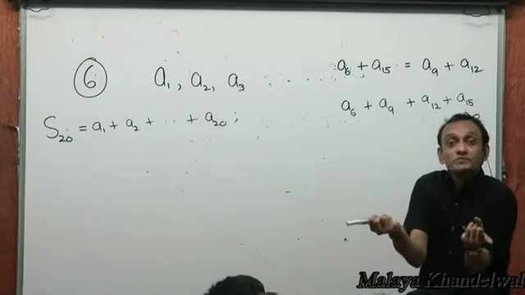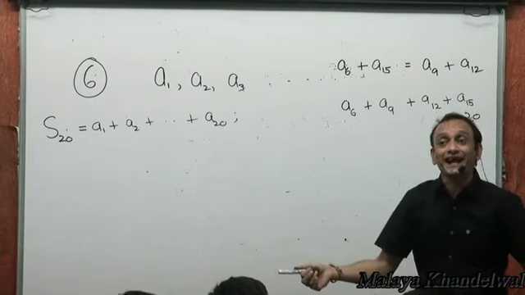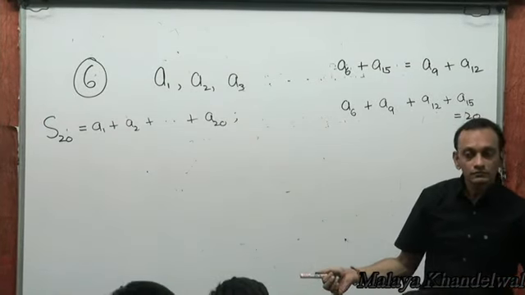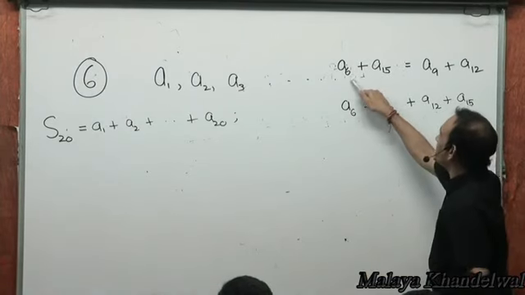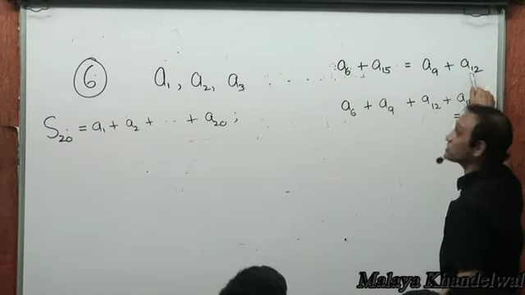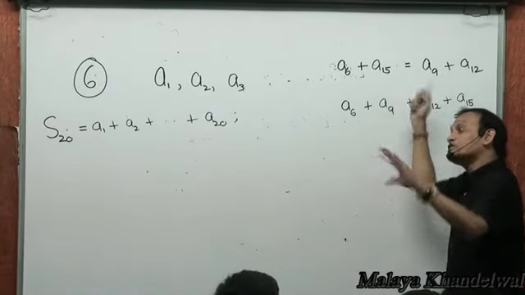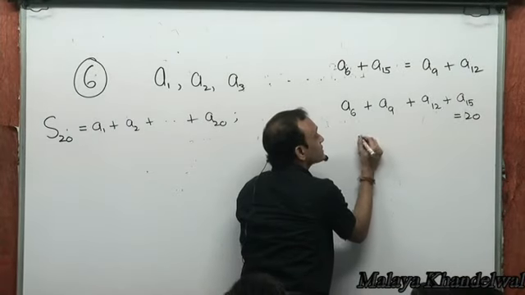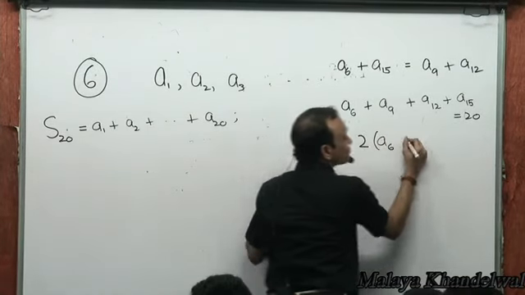Sum of any 2 terms in an AP equidistant from the beginning and end is the same. Do you understand that? The 6th term from the beginning plus the 6th term from the end, the 9th term from the beginning and the 9th term from the end, they will add up to the same number, right? That means this is like twice A6 plus A15.